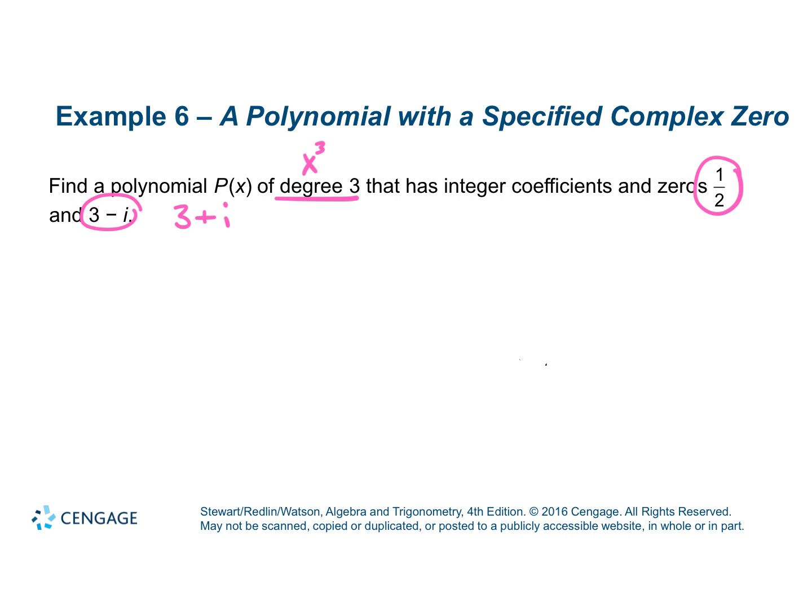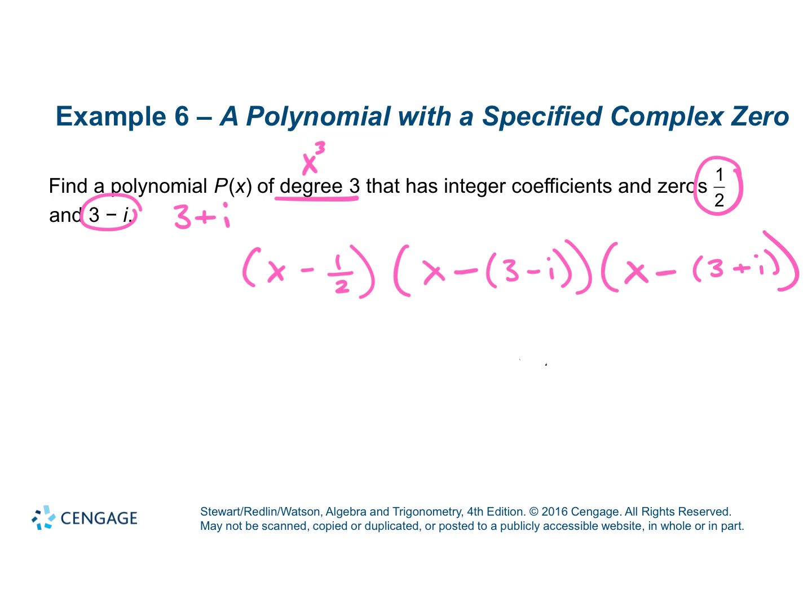So when we write this out in factored form, we have x minus 1/2, x minus, I'm going to put it in parentheses since we have two terms here, 3 minus i, and x minus 3 plus i.